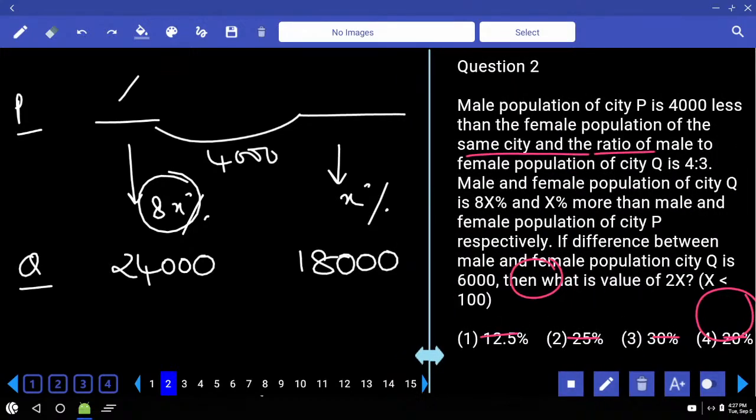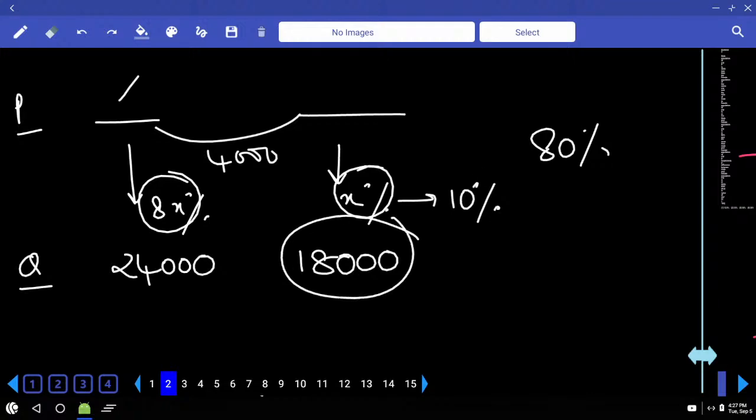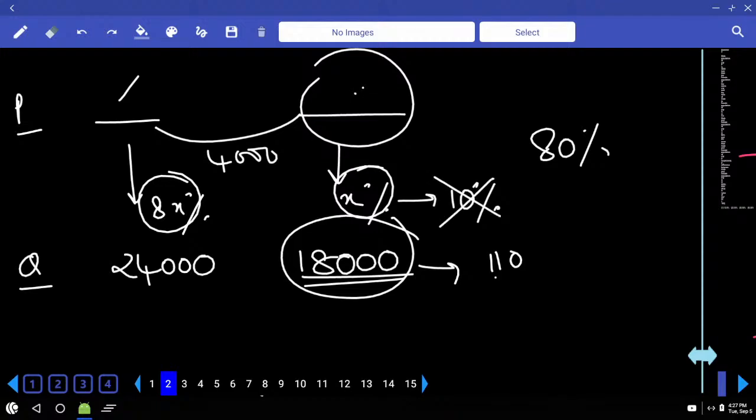If 2x is 20%, 8x is 80%, x is 10%. So if the population of Q is 10% more than the female population of P, it should be 110%, but it is not a 11 multiple. Therefore it cannot be 10%.